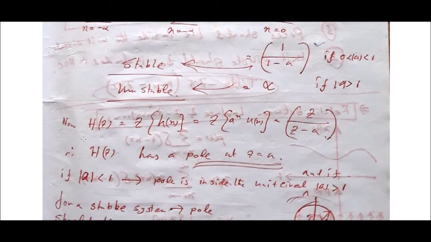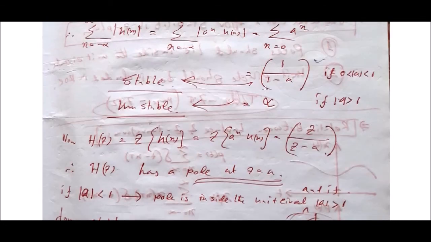So for H(z), that means for the transfer function of the system, which is the Z transform of the impulse response, it is given like this: it is nothing but z divided by z minus a. It has a pole at z equal to a, since z equal to a is the root of this factor.